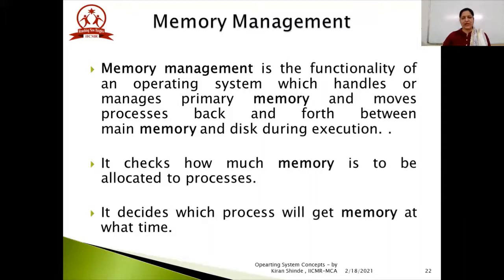So basically, the operating system is handling the data or instructions which are moving from main memory to hard disk via this memory management unit. It also checks how much memory is to be allocated to the processes as per the requirement of that process. It also decides which process will get memory at what time. All these are the major functions of the memory management unit which the operating system uses.